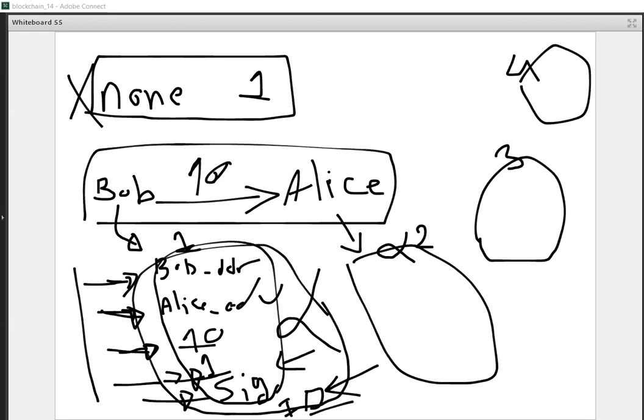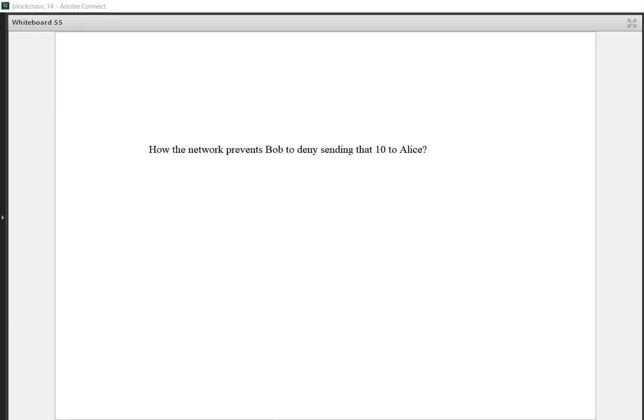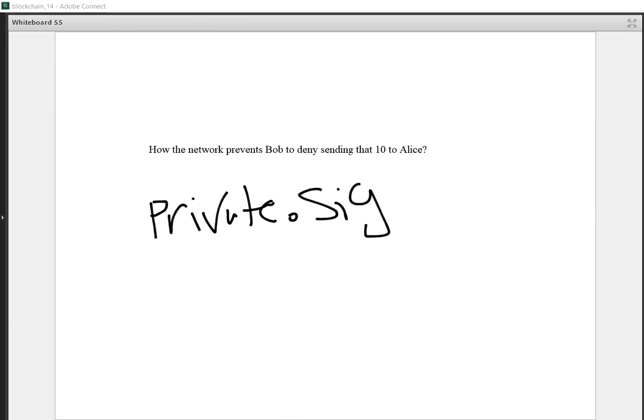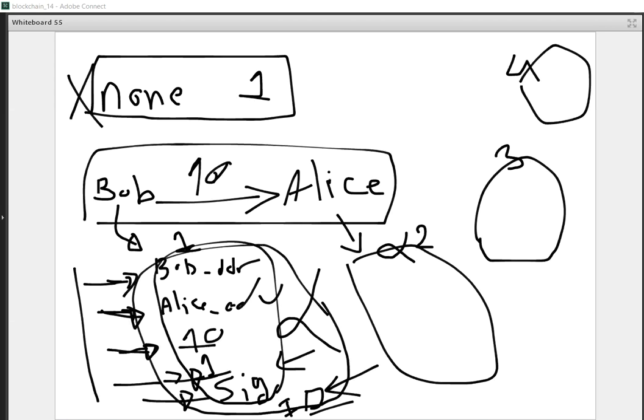Who can answer? Nobody? Exactly. That digital signature prevents Bob from cheating. Remember, how is a digital signature created? Private key dot sign. Okay? Who has the private key?